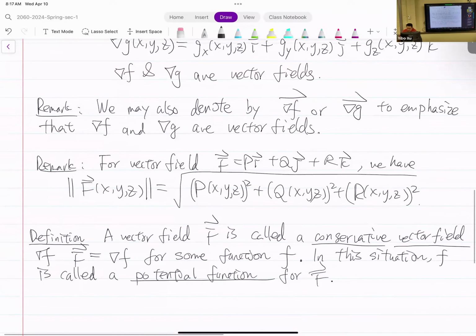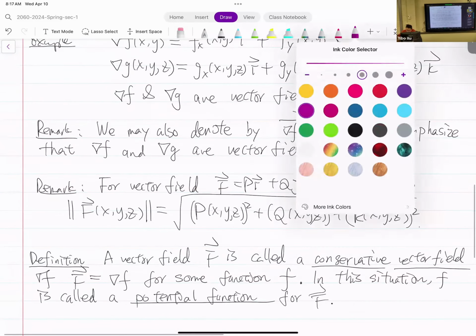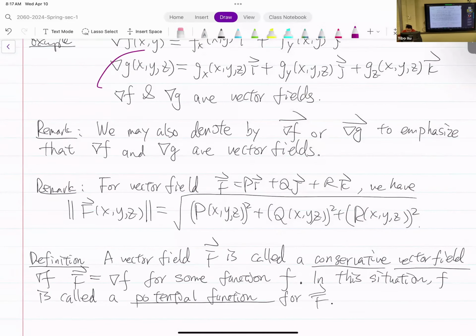So in a way, you probably can think about this as doing an anti-derivative in a sense. Okay? But here, the only difference is that for a multivariate function, let's say a little g right here, it's a scalar function, but if you do the gradient, you will have three components: g sub x, g sub y, g sub z.